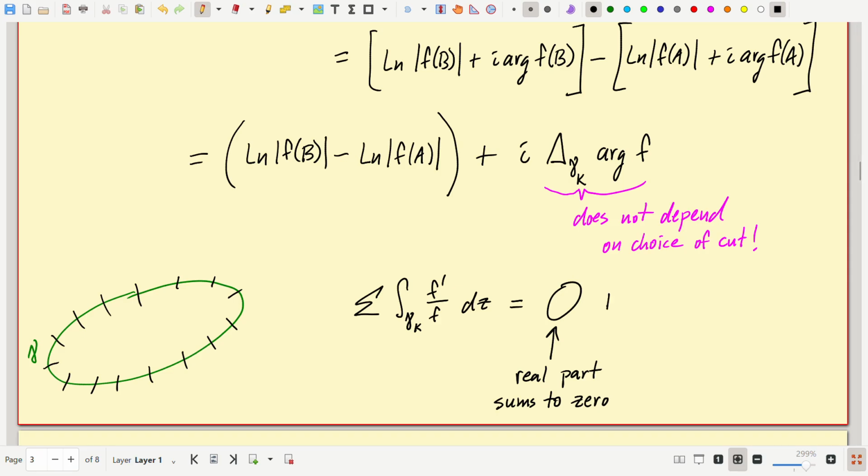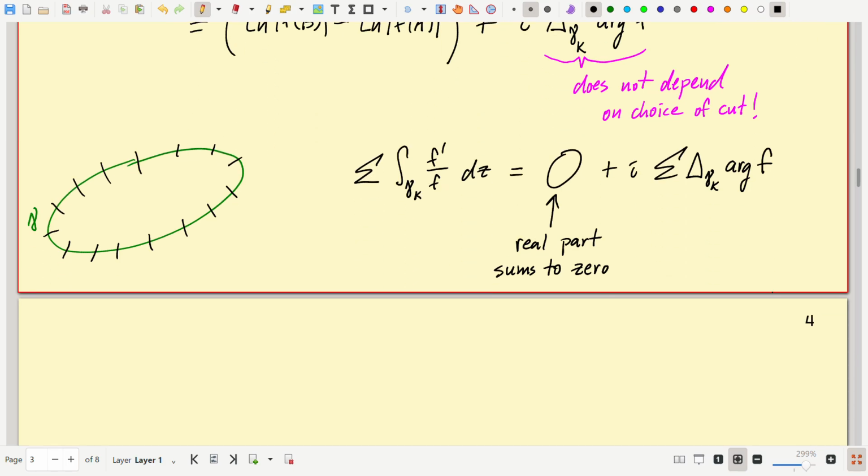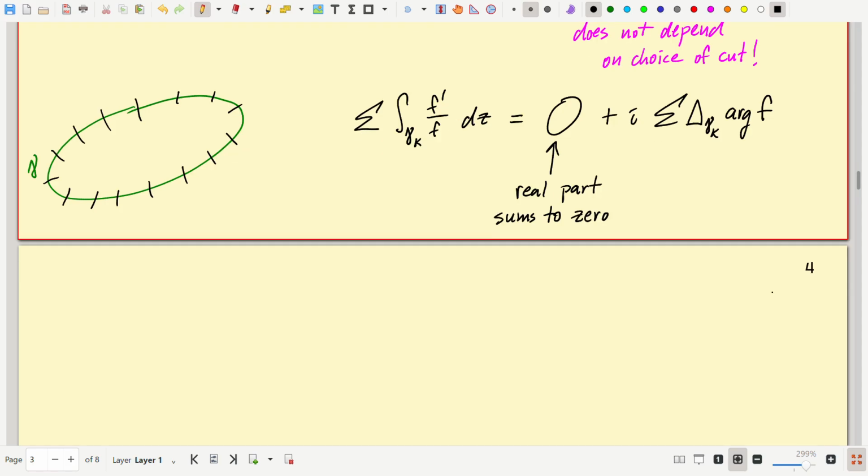And then you get plus I times the sum of the increase in the arguments. And if you think about why the real part sums to 0, it's like a telescoping series. They cancel every other one, and the first one cancels the last one when you go around and start over again. The real part is a telescoping sum.